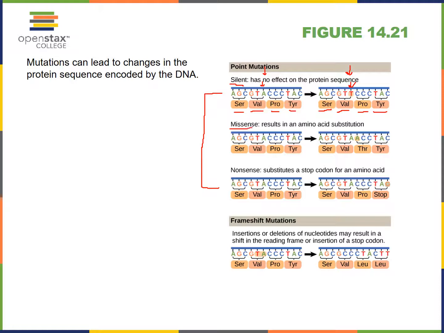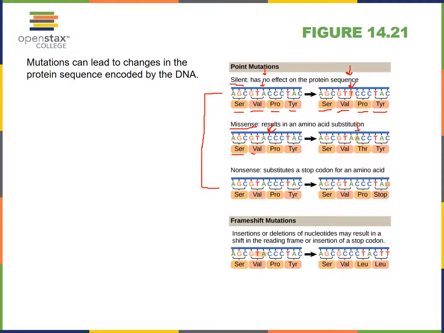Now there's a missense substitution, which is a point mutation. We're going to change this C to an A, which is a point mutation, a single nucleotide substitution. But instead of having no effect on the amino acid sequence, we're going to change that amino acid sequence.